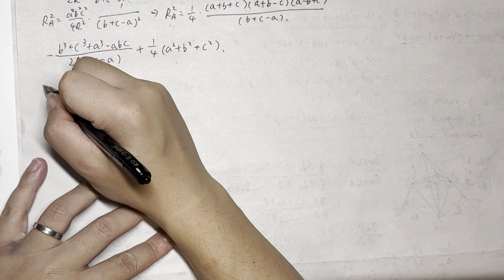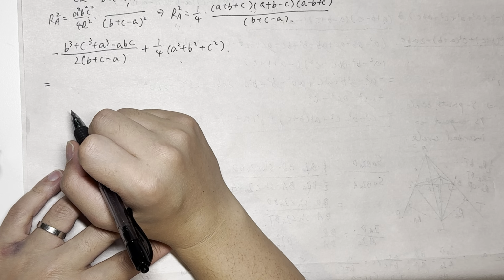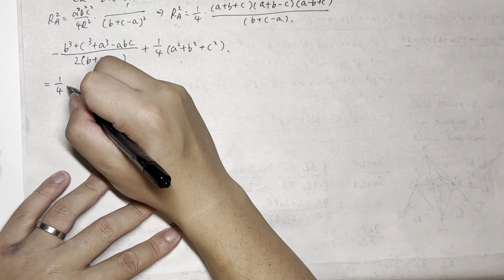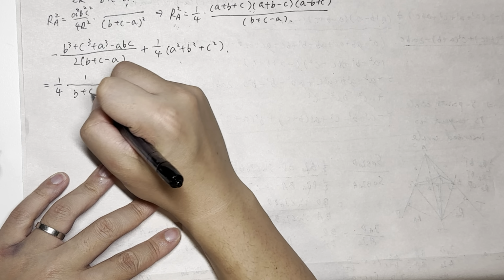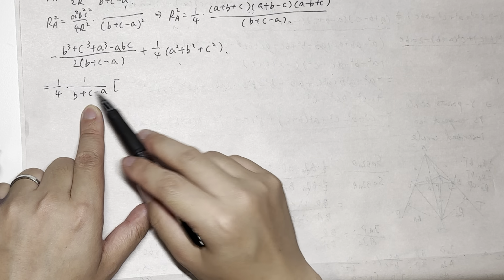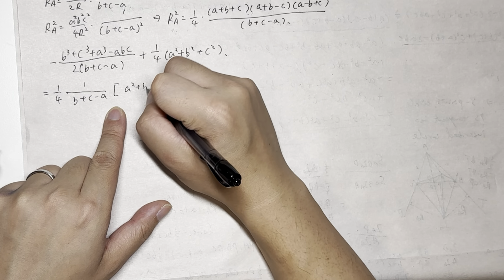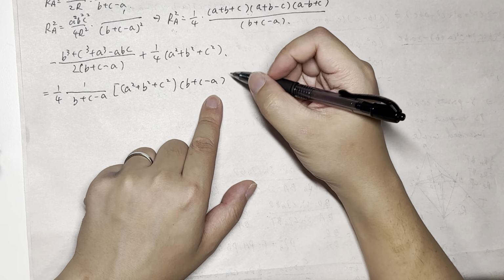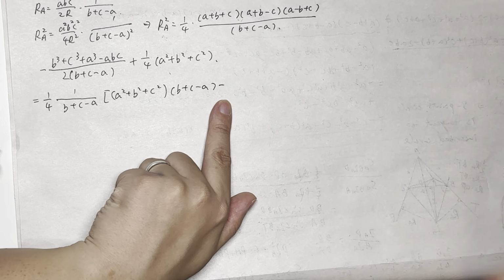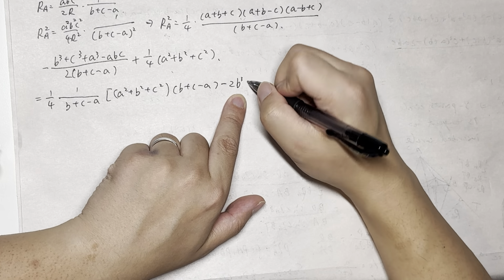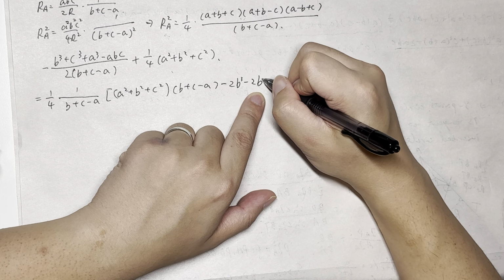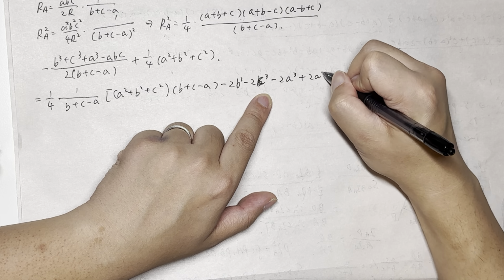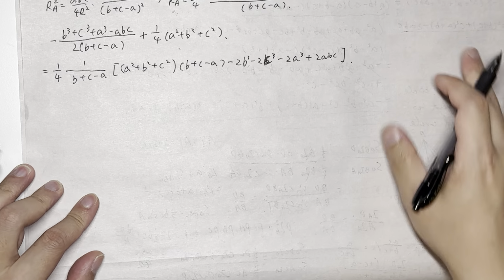So for this one, it equals 1 over 4 times B plus C minus A, and inside it would be A squared plus B squared plus C squared times B plus C minus A, and then we minus 2B to the power 3 minus 2C to the power 3 minus 2A to the power 3 plus 2ABC, right?